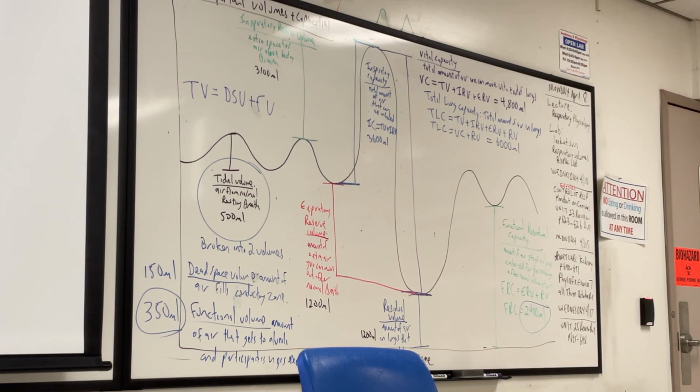So do not memorize these numbers. I guess you can know the magnitude. It's probably good to know that you're taking in 500 milliliters versus 5 liters of air with a normal resting breath, but hopefully that's obvious. 5 liters would be a lot to take in. But again, I don't care about the averages, I care about the equations.